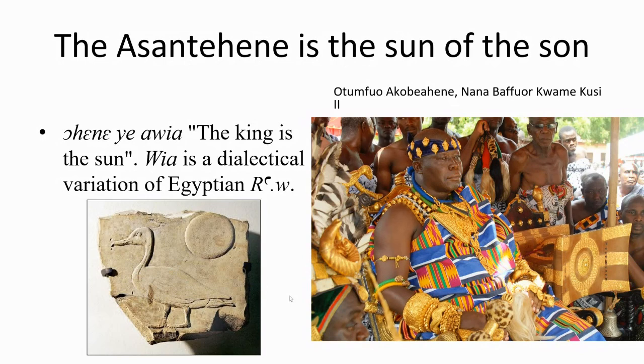But in Bakongo, this concept of the sun extends to any master, any enlightened one, but definitely in Ghana and ancient Egypt, because the king is the lead priest in the society traditionally. So this is how these concepts connect.